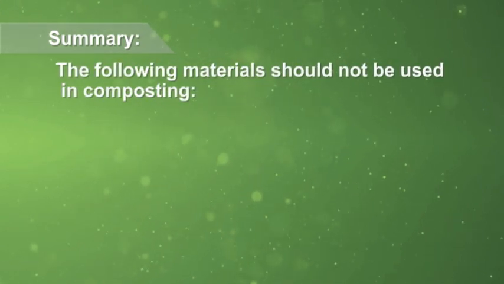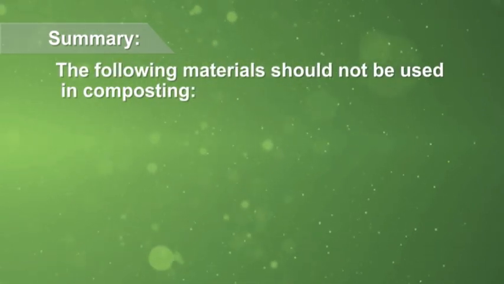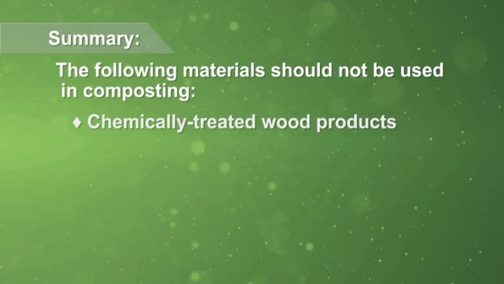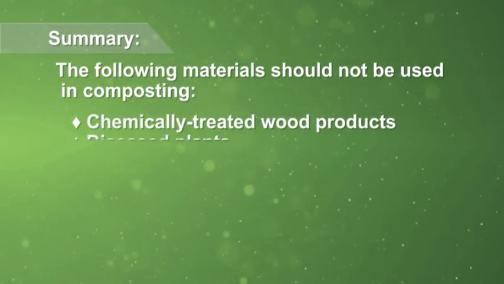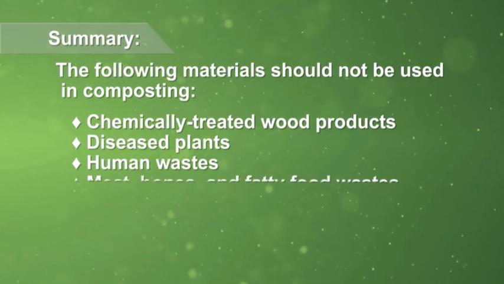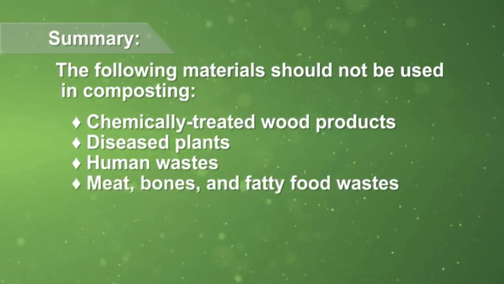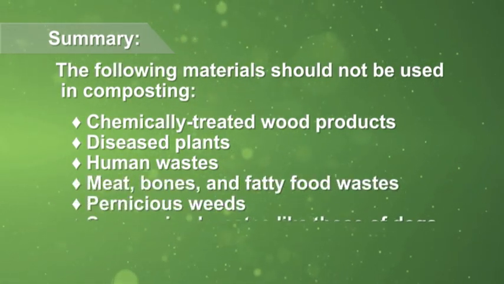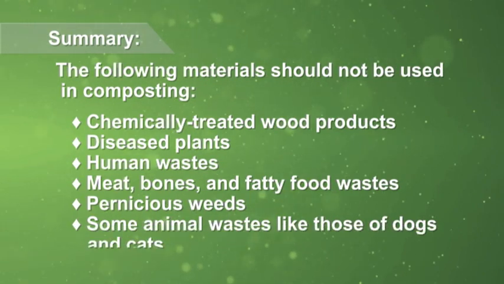The following materials should not be used in composting: chemically treated wood products, diseased plants, human waste, meat, bones, and fatty food waste, pernicious weeds, some animal waste like those of dogs and cats.